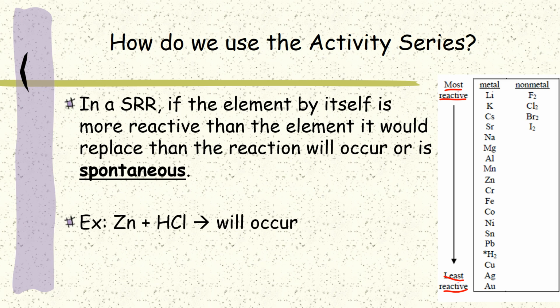Zinc is the element by itself. Hydrogen is the element in the compound. So in order for this reaction to occur, zinc has to be higher on the list than hydrogen. So on my list and on your list, we find zinc and we find hydrogen. So if the element by itself is higher, the reaction will occur. So will this reaction occur?